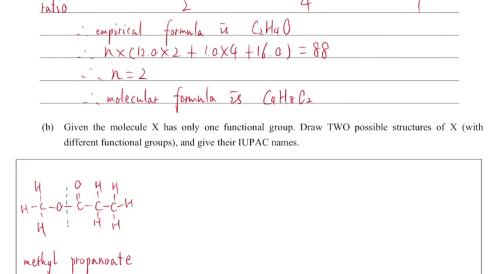Okay, that's one possibility. And how about the other one? We can make it a carboxylic acid. For a carboxylic acid, it will be placed at the end of the carbon chain. Then we fill in the hydrogen that's needed. For this molecule, it got 4 carbons in the carbon chain, so that's butanoic acid.